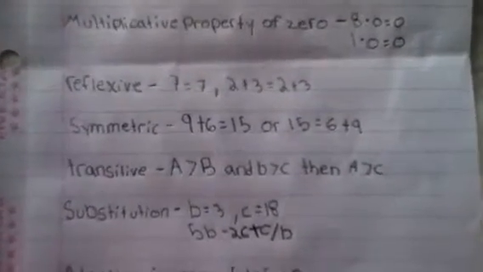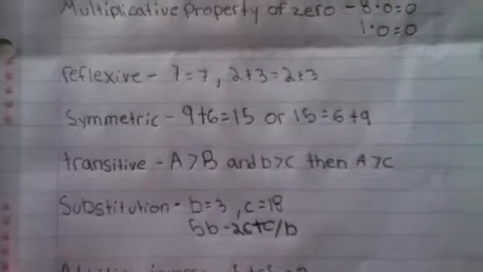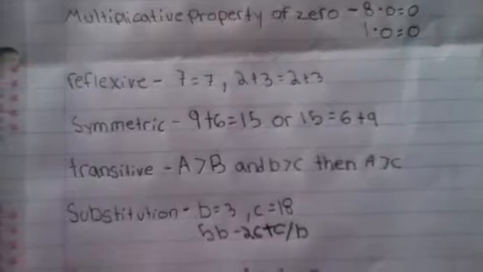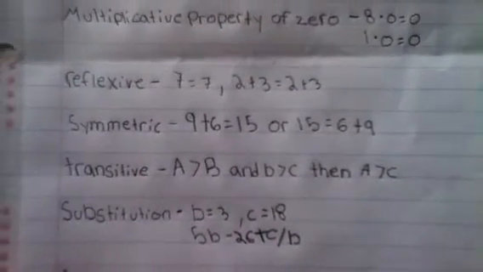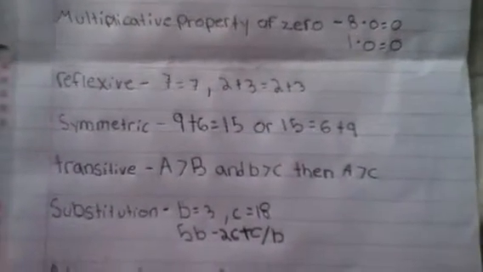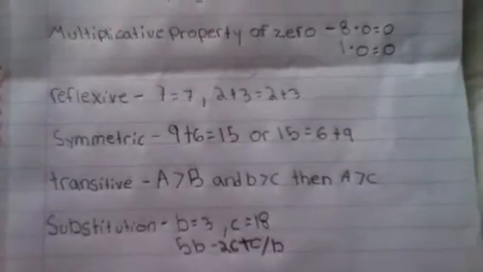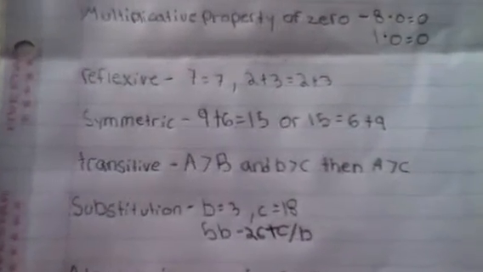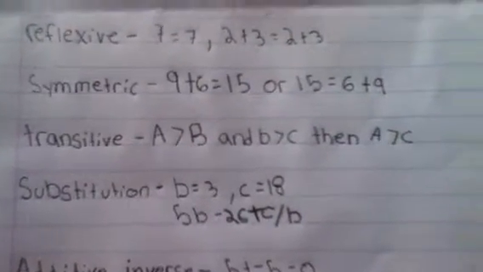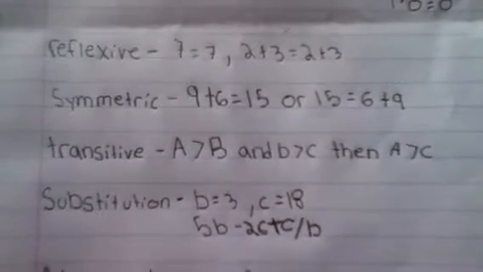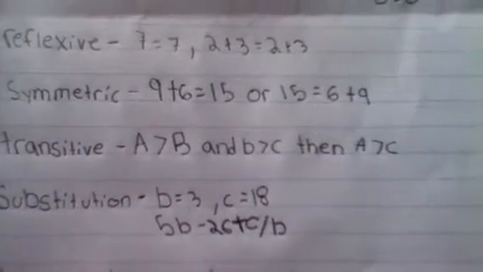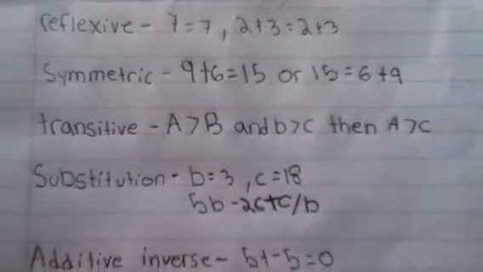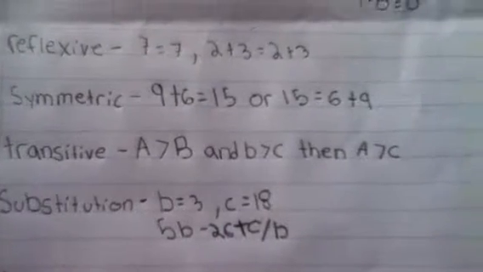Here we have 5B minus 2C plus C over B. As you see, we can substitute 5 times 3 for B, and it's minus 2C plus C. So here we substitute 18 into C, then we would have 2 times 18, okay?